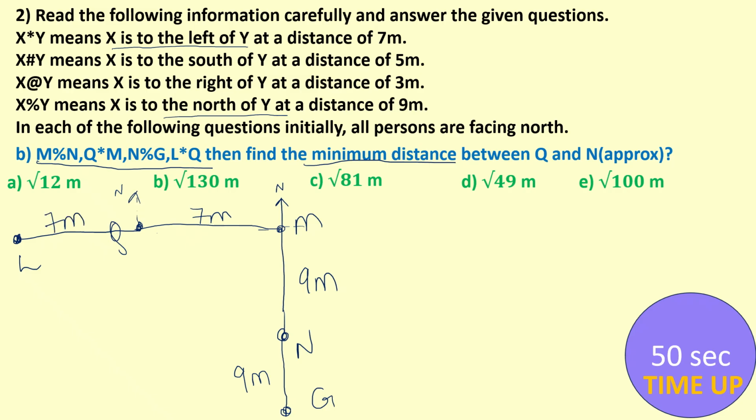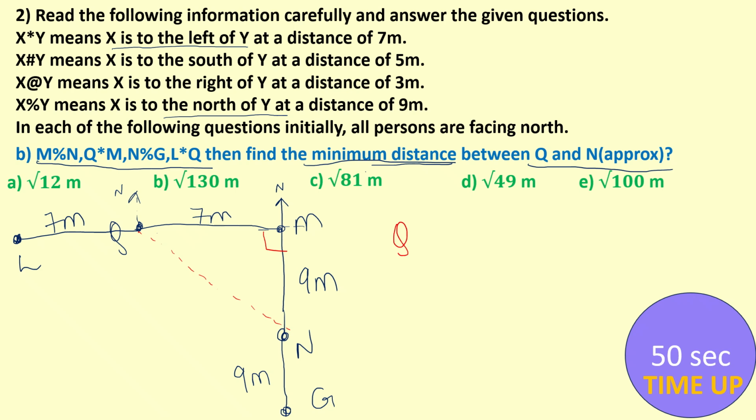Now what is the question asked? Find the minimum distance, that is the shortest distance, between Q and N approximately. So Q is here and N is here. You need to find the shortest distance, that is the minimum distance. So this is a right angle triangle.